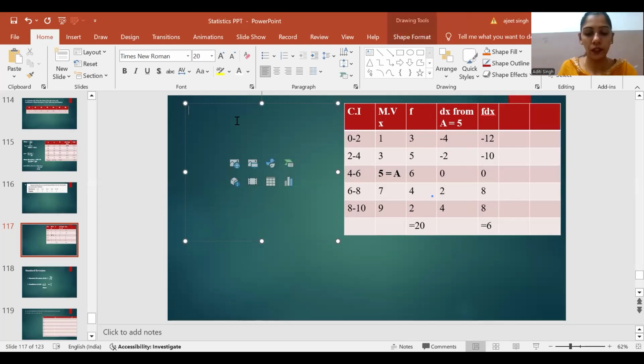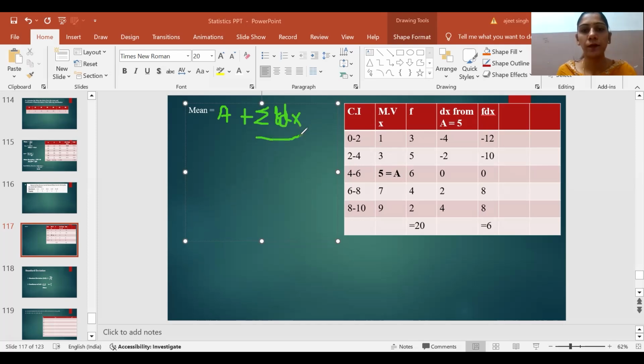Now, first of all, we will calculate the value of mean. So how do we calculate it? A, the assumed mean, plus the sum of f dx, divided by n and multiplied by I. This is how we use all the values in the given formula.